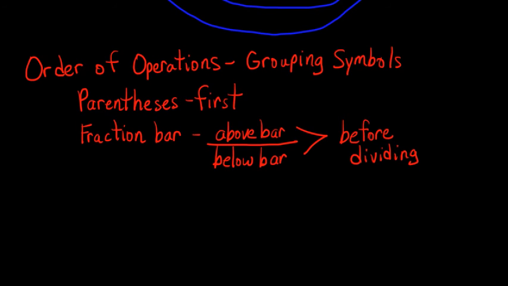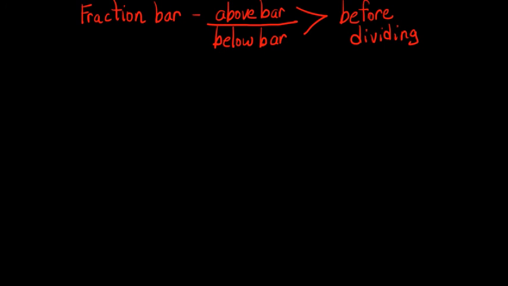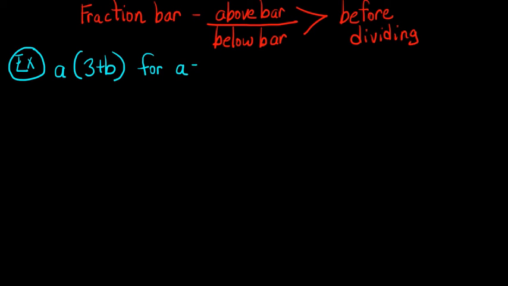If we think about that, I've got a couple of examples to show you. I'll change my color again so you can see these examples. Here's your example: you might be asked to evaluate A times (3 plus B), and I will tell you that A equals 5 and B equals 2.